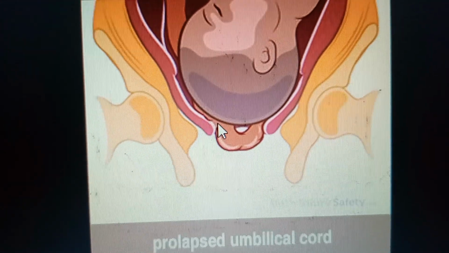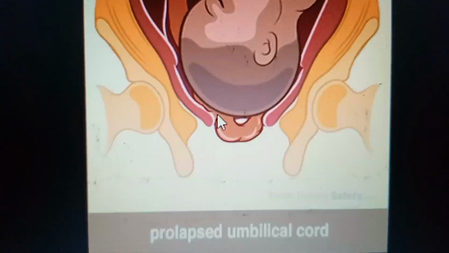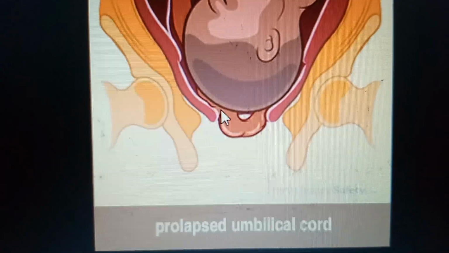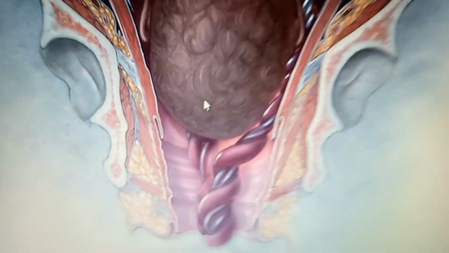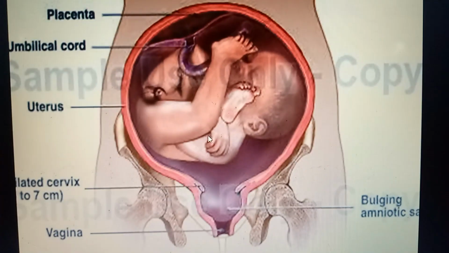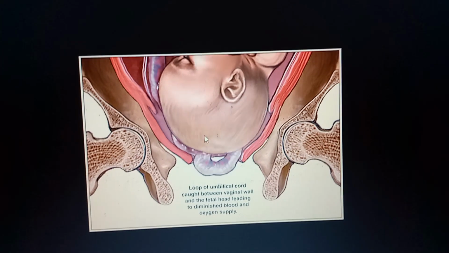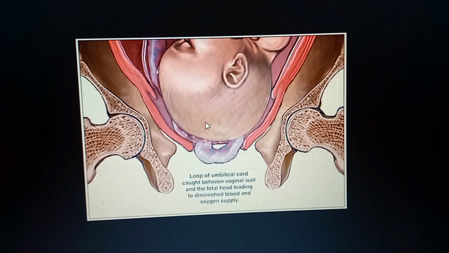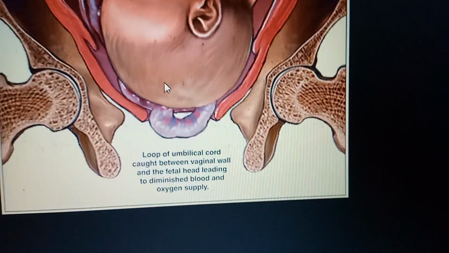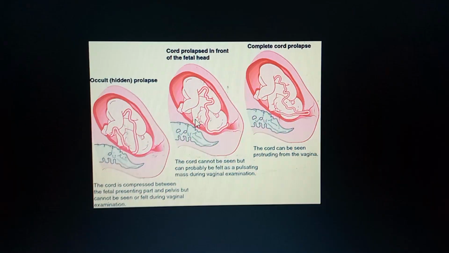We can see there the cord being compressed by the presenting part. Those are the pictures which show the umbilical cord being compressed by the presenting part.